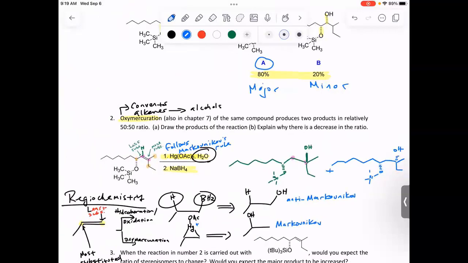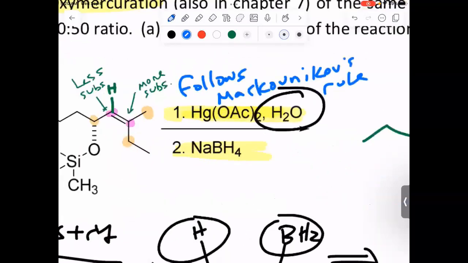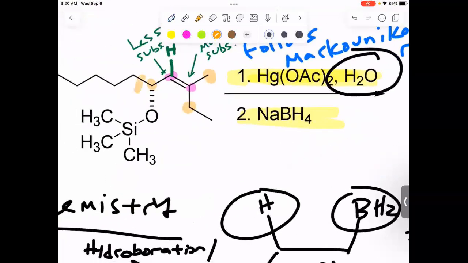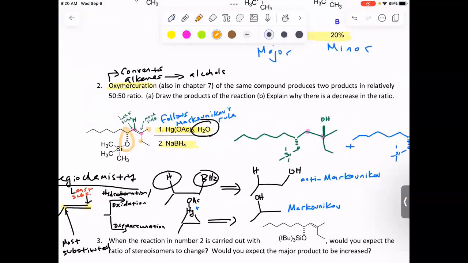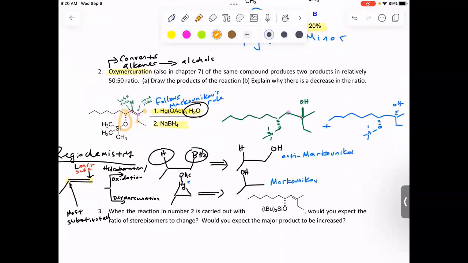You're going to get both, right? Don't be scared. Speak up. Does it not add to the other? Never mind. Do you see it? You're going to get both of those products. One where the OH is on the same side as the pre-existing chiral center, which is right here. Let's not miss that. And one where it's on the opposite side.